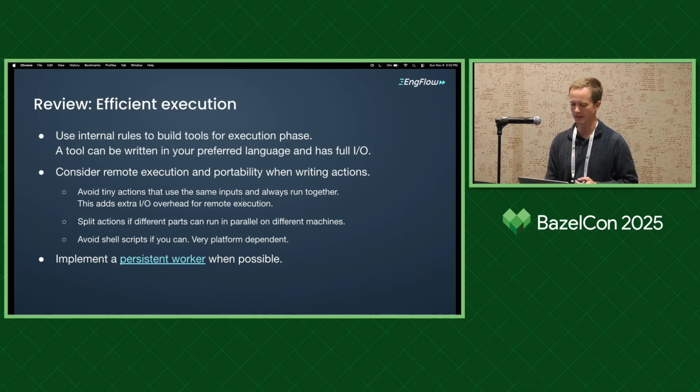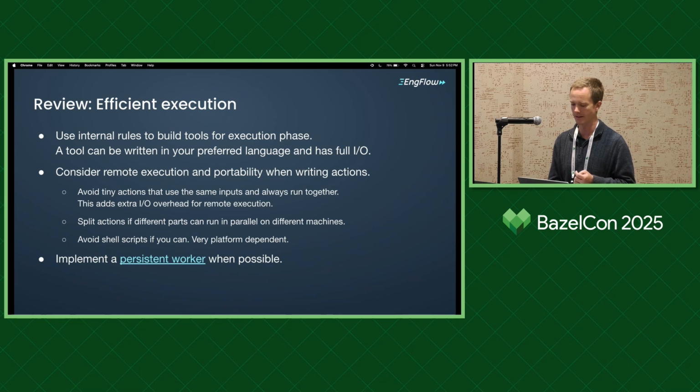So I'm going to give some contradictory advice here and say leave it up to your own judgment. Avoid a lot of tiny actions that have the same input files, because you're going to be paying the same overhead for every one of these, and they're not really going to be running long enough for the parallelism to make a difference.